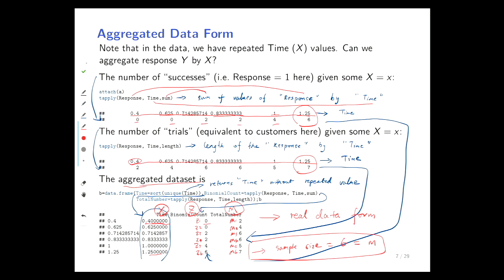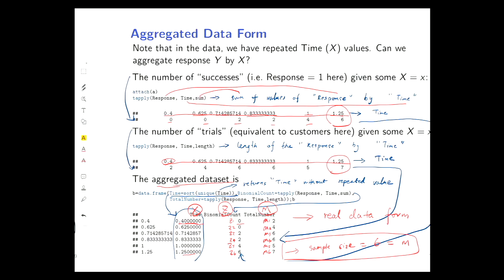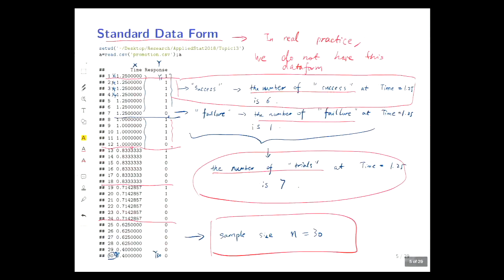So my suggestion here is that when you compute the sample size, just look at what kind of data it is. If it's this count data, so that means the aggregated data, just look at the sample size of this data and do not think about the standard data form. When you have the standard data form, do not think about the aggregated data form, but just use this data form directly, because we actually have models for it.